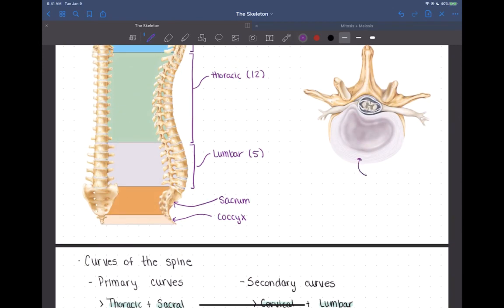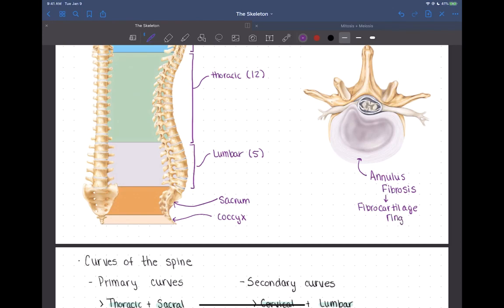It actually is in the form of a ring. So you have a ring of fibrocartilage here that is called the annulus fibrosus. So this is a fibrocartilage ring. And in the middle we have this kind of like gel pad.